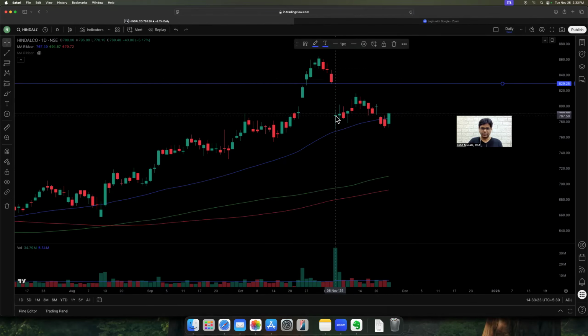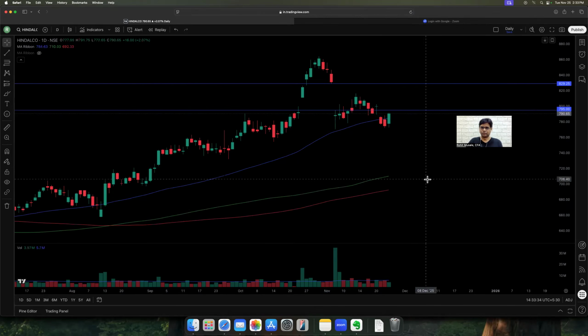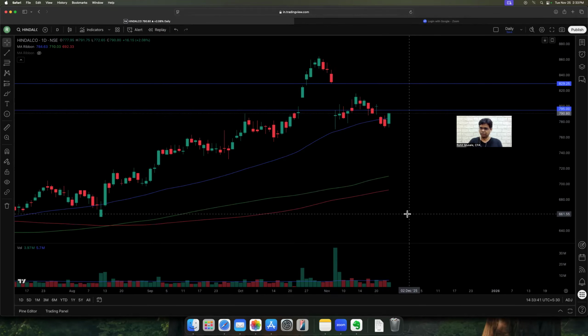And the high of this candle is 795. So let's do that, 795. Between the low of this candle and the high of this candle, there is this falling window. This is the upper line of the falling window, and this is the lower line of the falling window.